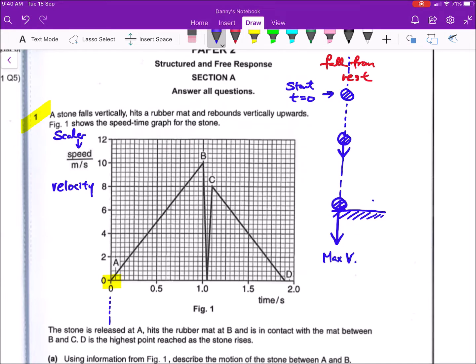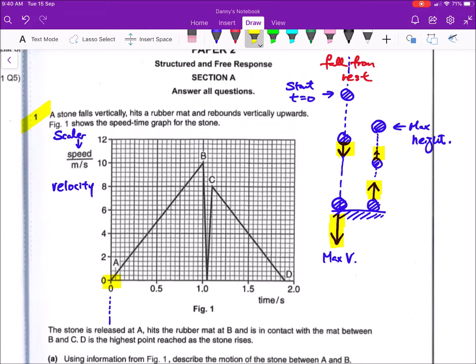And then after that, the rock will actually undergo a certain rebound, and then it will go up, and then it will reach the maximum height of the rebound. Yeah, so you can see that the direction of motion at first is down, and then after that it become upward. So there's a change of direction.